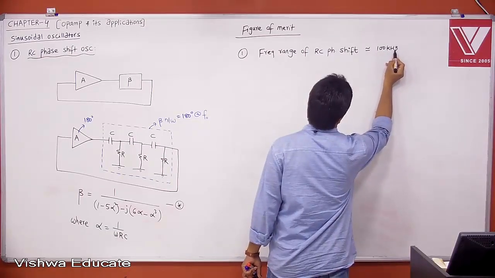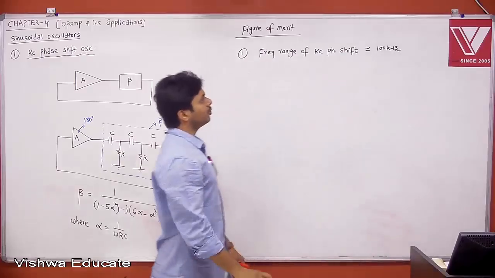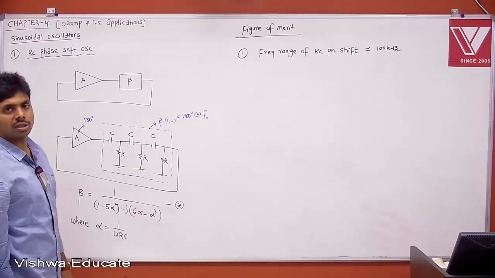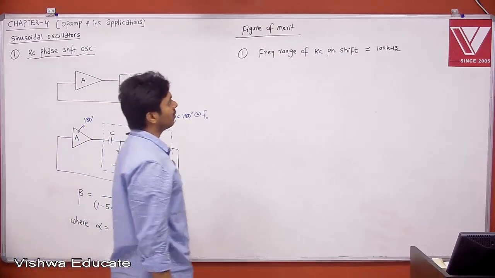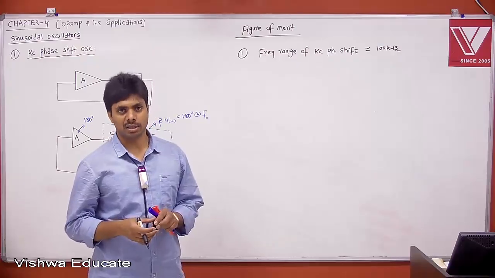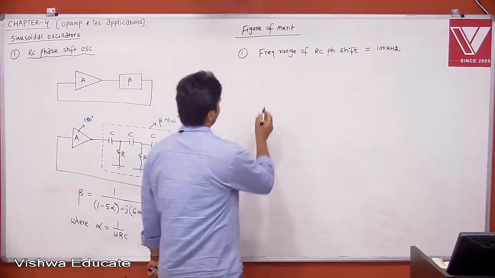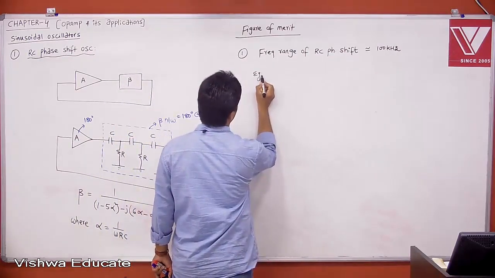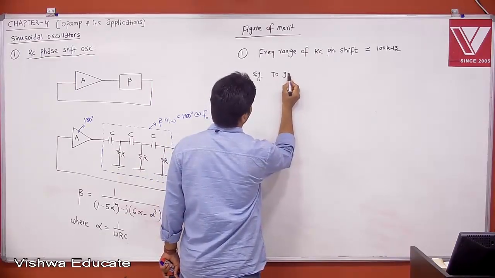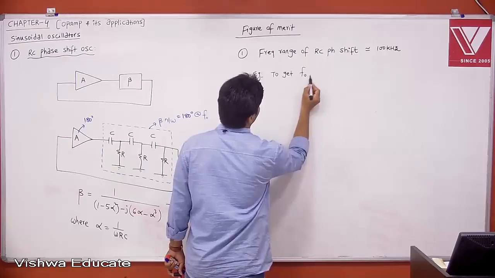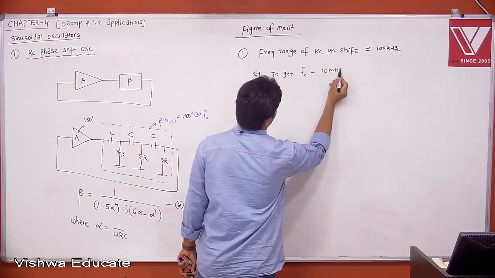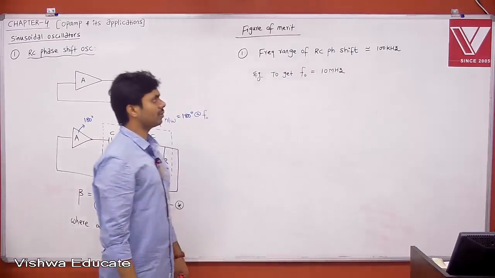What does it mean? If you want to cover low frequency to 100 kHz, and you want a frequency of oscillation equal to, let us say, 1 megahertz or 10 megahertz, I'm just taking an example with respect to the RC phase shift oscillator.